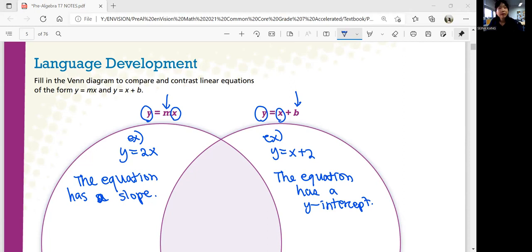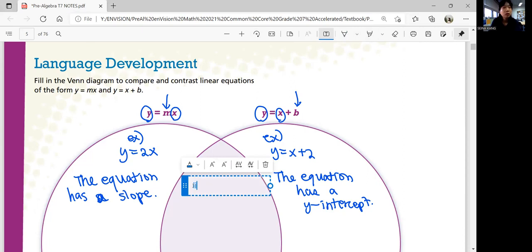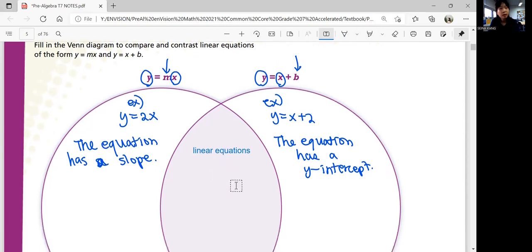What are some similarities that you see? What do they have in common? They are both linear equations, right? So you can say they are both linear equations. You can put the similarities on the overlapping area. Okay, what else?